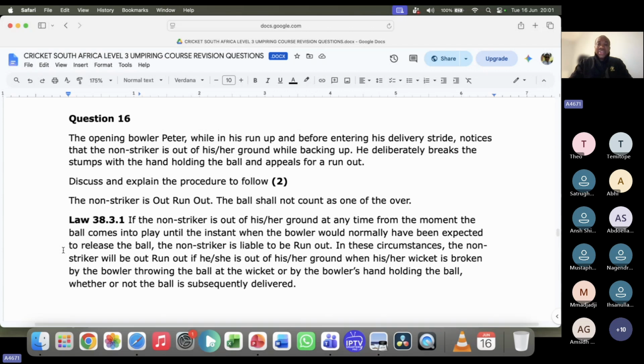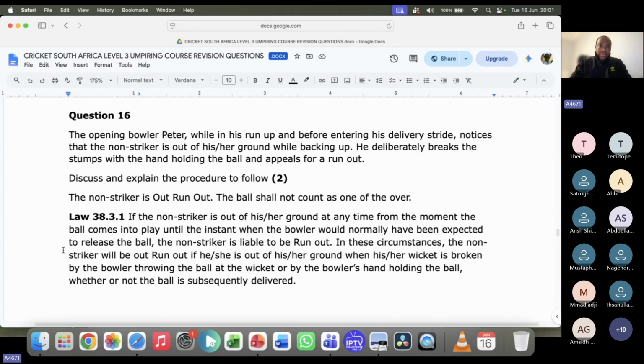The ball will never count as one of the over if the non-striker is run out by the bowler, because the ball hasn't been delivered. If the ball is delivered and the wicket was put down when the bowler went in his or her delivery stride, then of course it will be a no ball.